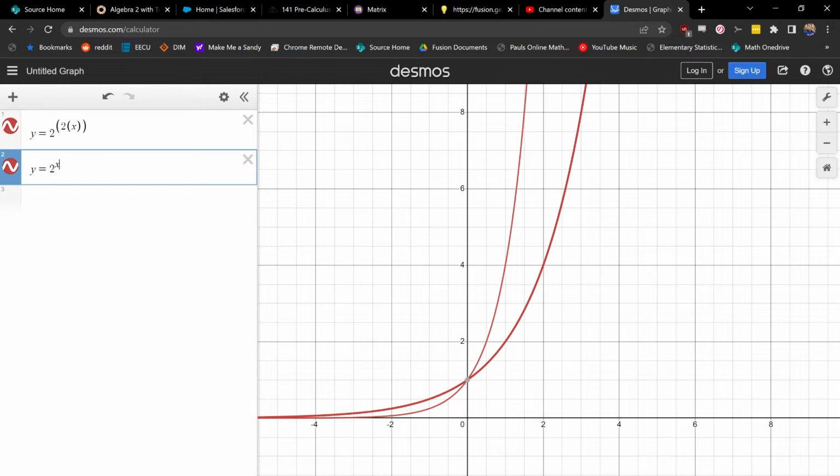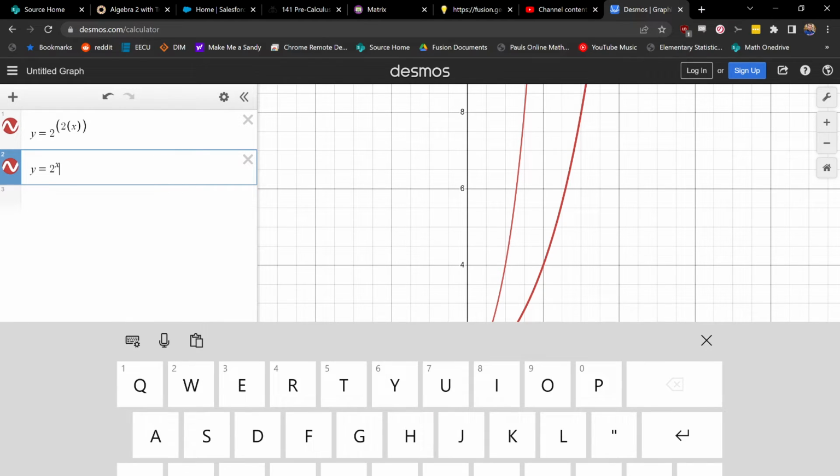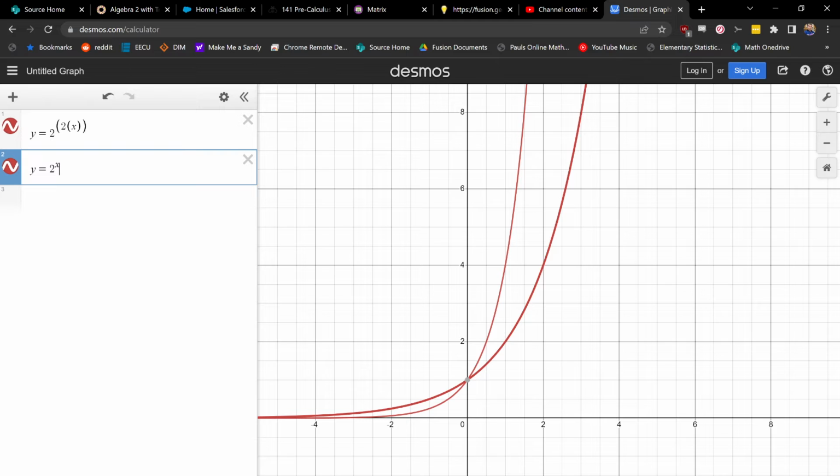Okay, so this one, give me a different color. I think you just click the line next to it and then change the button there. Oh, like that. I see what you're saying. Okay, so yes, thank you.